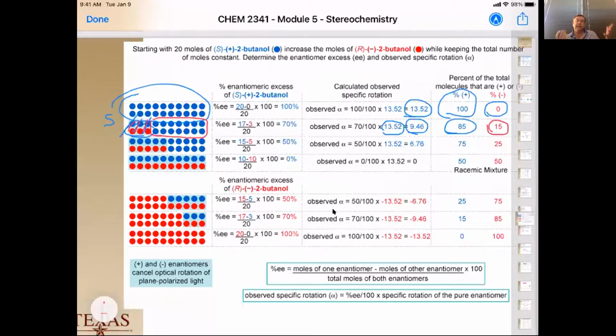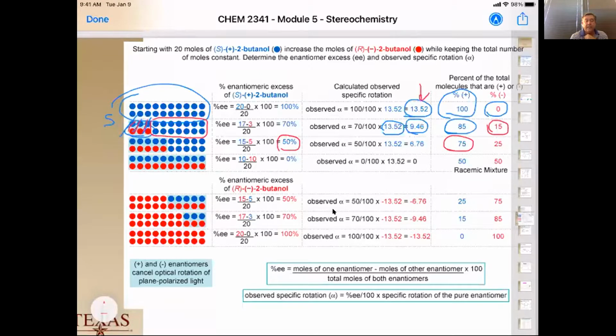So let's do that again. Let's get it to about 75 mole percent right here. And what we see is our optical rotation drops down to 50%. The 13.52 is the optical rotation of the pure isomer.